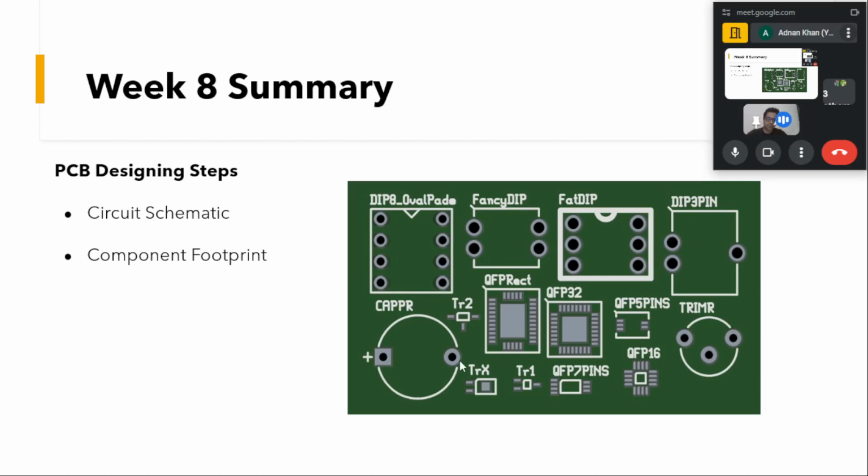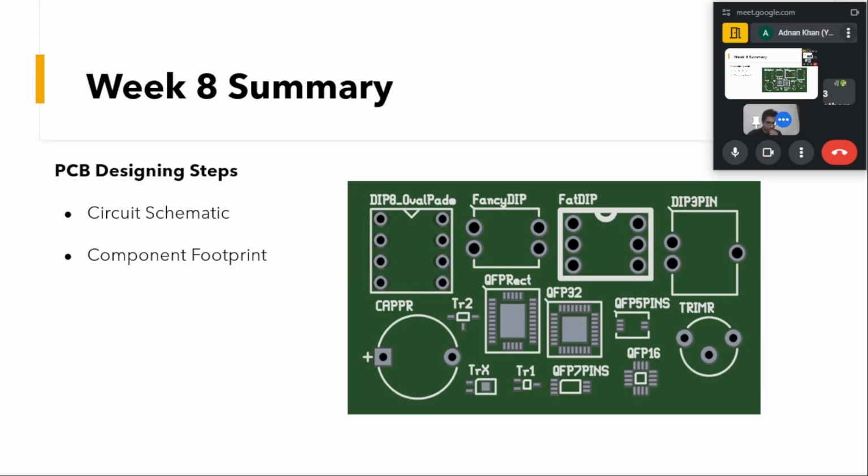So in a nutshell, we have to provide the proper footprint, and then only when we get the printed PCB, we will be able to add that particular component on the PCB.